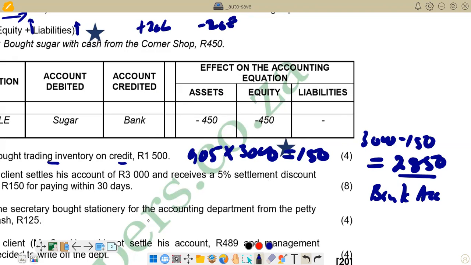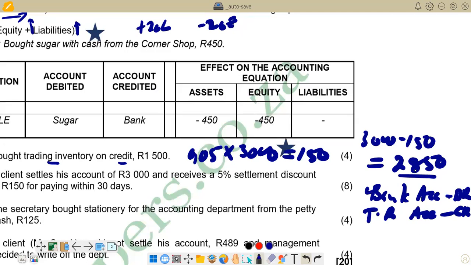So we are debiting bank, and then we are going to credit the trade receivables account. So these are two accounts that we have. And remember, we are receiving cash as there are sales. So we are going to debit bank, and we credit the account receivable account. So we are going to have two double entries.